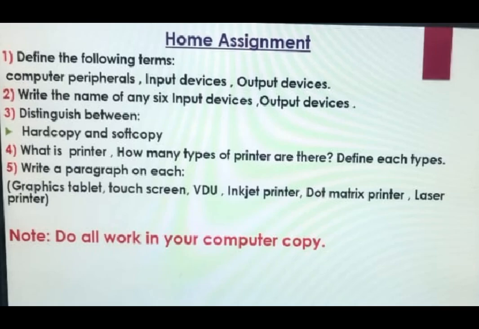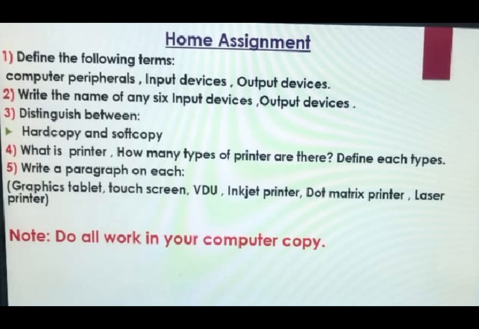Now move to the home task. You have to write all these questions in your copy. Take a screenshot of this slide. First, make a title page of chapter number 2 and write the chapter name, data devices. Then write the first question: define the following terms: computer peripheral, input devices, output devices. After writing this answer, write the name of any six input and output devices.